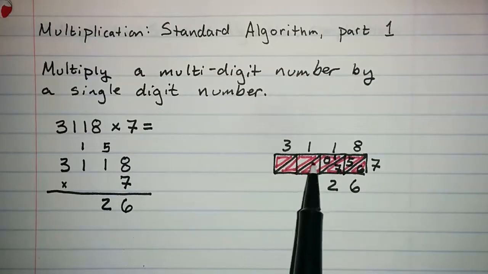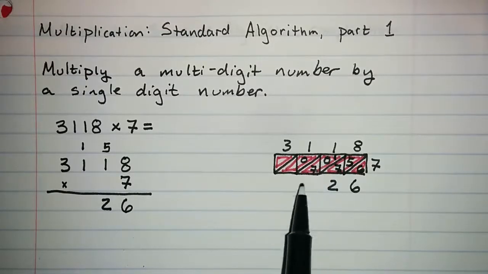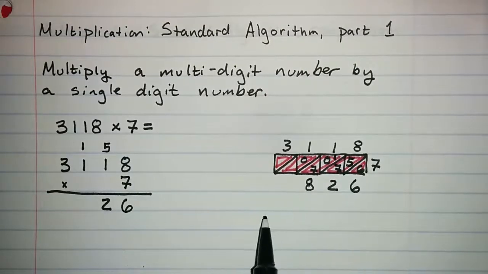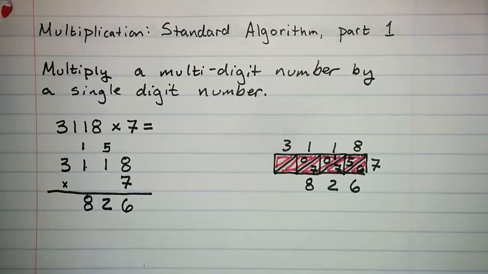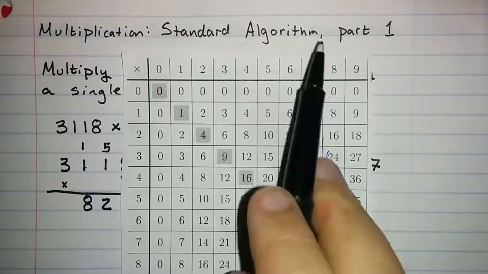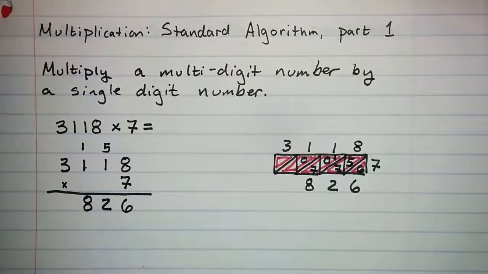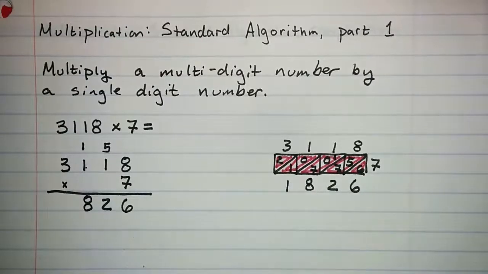Alright, so here again, 1 times 7 is 7. We take the 7 plus the 0 from the previous number plus the 1 that we carried, and we get 8. Over here we take 7 times 1 is 7, add the 1 we carried, and we get 8. Over here we take 3 times 7 is 21. We take the 1 plus, well, this was a 0, so just 1.